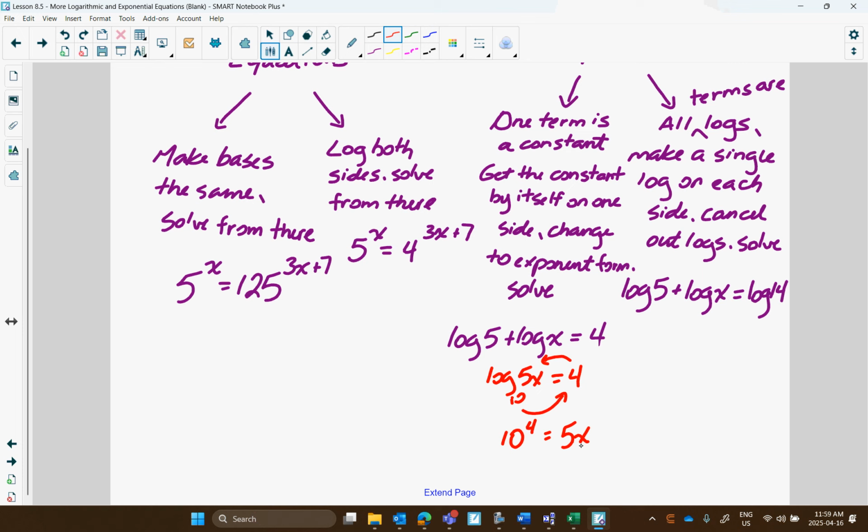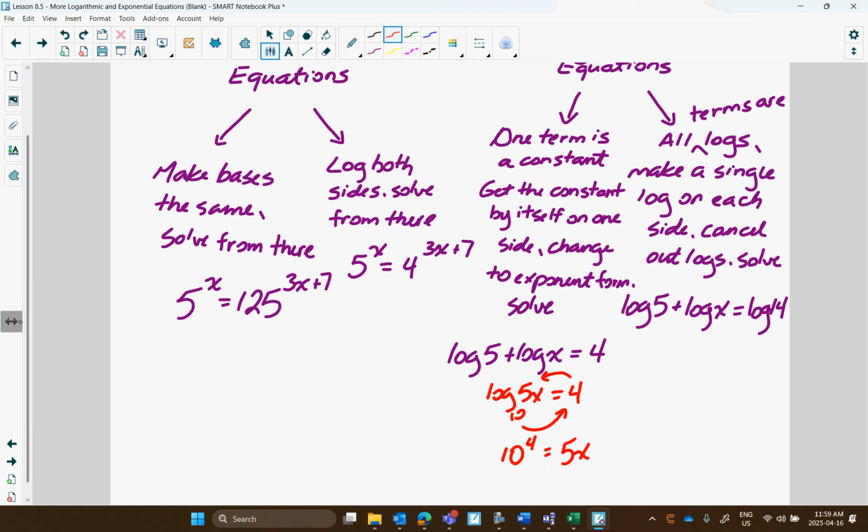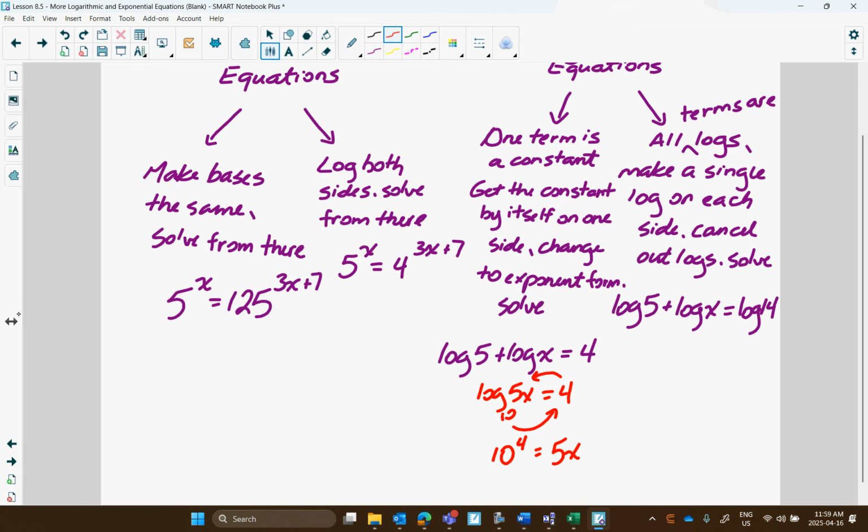And one other thing, when you have log equations, you do have to worry about restrictions. You don't have to worry about restrictions in exponential equations.